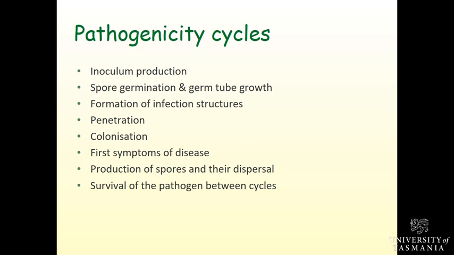So they germinate, they start producing a germ tube, they start producing the infection structures, they can then penetrate into the plant. So infection occurs, colonisation as the fungus grows and starts to spread.